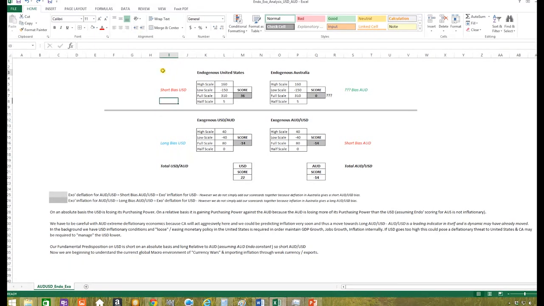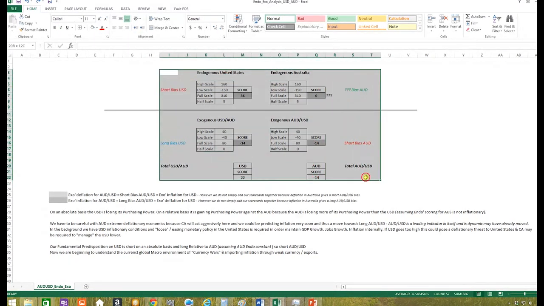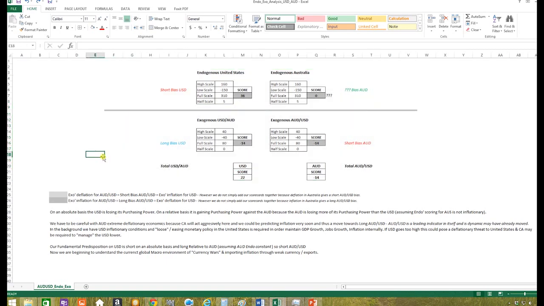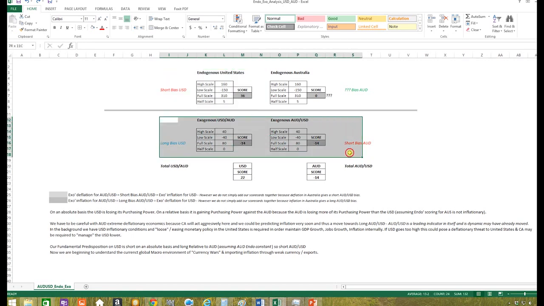So what does this whole analysis mean when we look at it all together? Well, it means that on an absolute basis, the US dollar is losing its purchasing power. We know that through our endogenous driver analysis. But on a relative basis, it's gaining purchasing power against the Australian dollar, because the Australian dollar is losing more of its purchasing power than the US dollar.